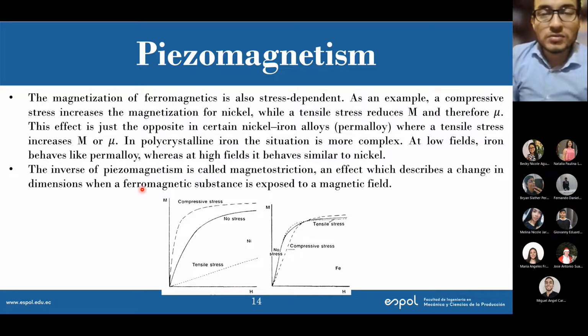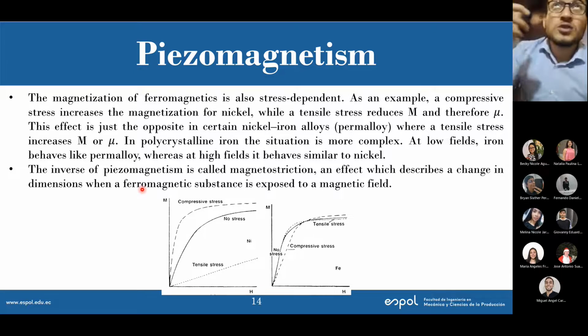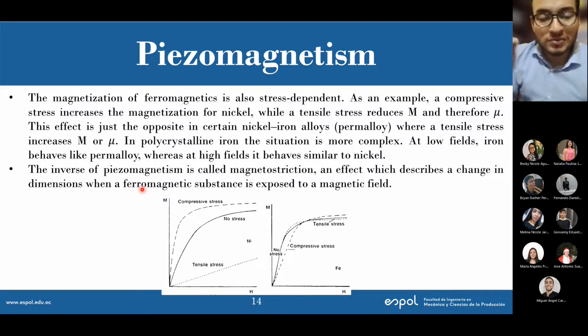I'm terrible at doing sounds, but if you turn on a fluorescent light and get close to the bulb, you will hear a small noise. That noise is actually related to piezomagnetism. It's related to the change caused by the alternating magnetic field, and the stresses that are generated as the magnetization is being changed.